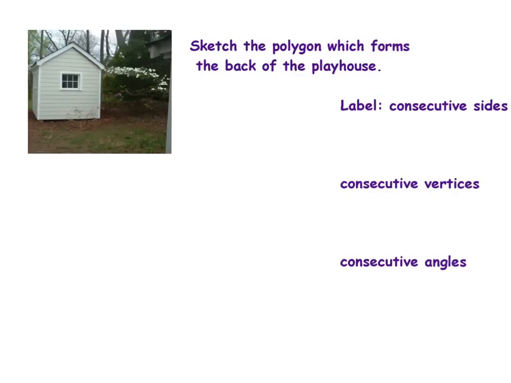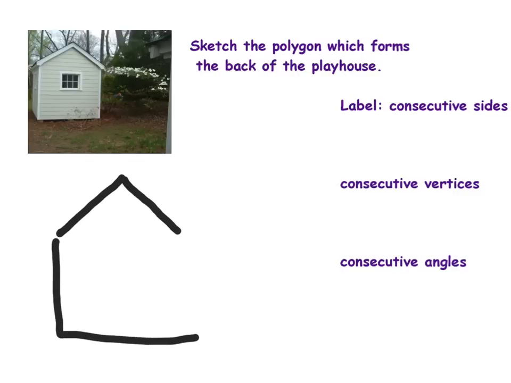All right, so let's look at this next example here. Sketch the polygon that forms the back of the playhouse. I'm going to try to draw here the back of this house, and let's put some labels on here. It doesn't really matter where you start.